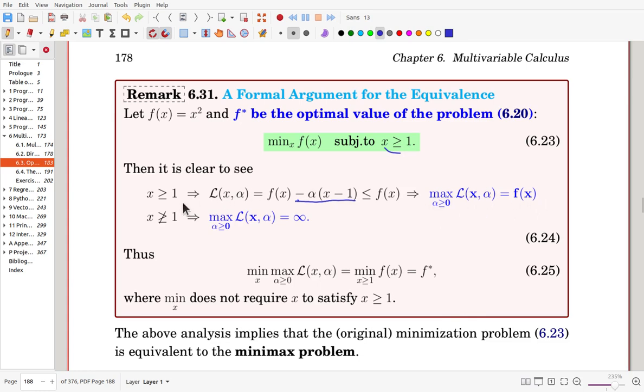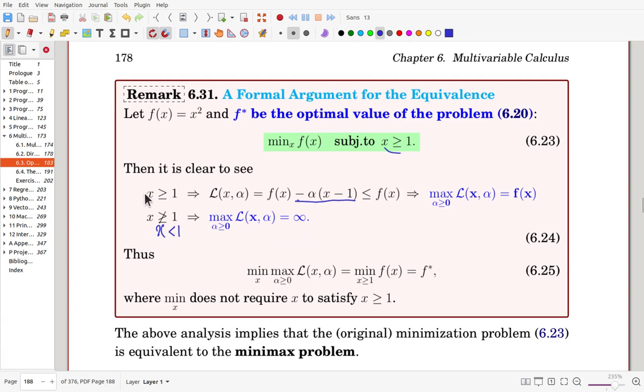How about x violating the constraint, which means that x is now less than 1? Earlier we checked that in this case, the maximum of the Lagrangian is infinity.